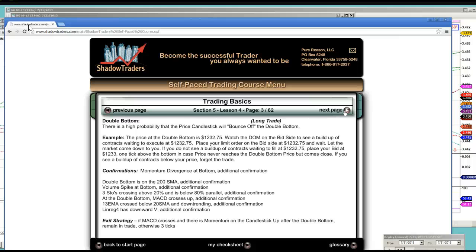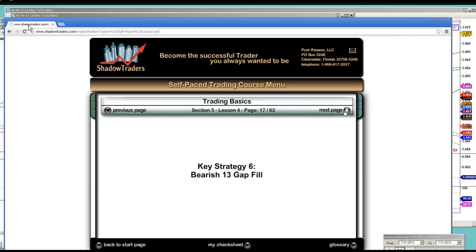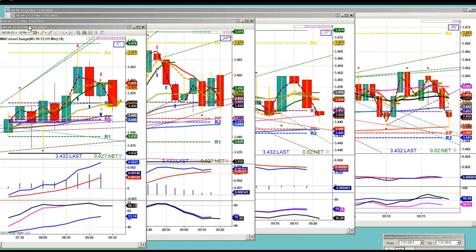But I'm going to give you the answer to what it is I'm predicting coming next. See, now I have an element to predict. Ooh. Strategy number 7. Could we be facing a 200 SMA bounce? Well, let's look across the board to see if there's a clue. The fact that we're closing the gap, got support here, MACD still strong. 13 hasn't really crossed. Notice 13 is still green.